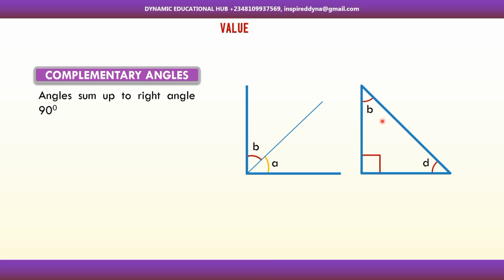Now if this one is B and this one is D, when you add B and D together, you're supposed to get 90 degrees, which means complementary angles. So A plus B from this will give us 90 degrees, and B plus D from this will give us 90 degrees. That is complementary angles. Why is it called complementary angles? I have an explanation on trigonometry.